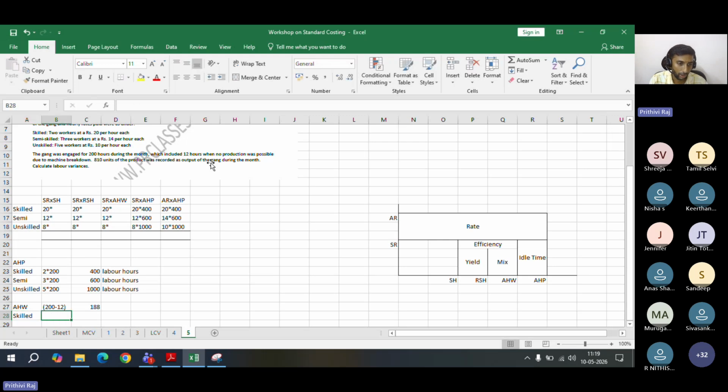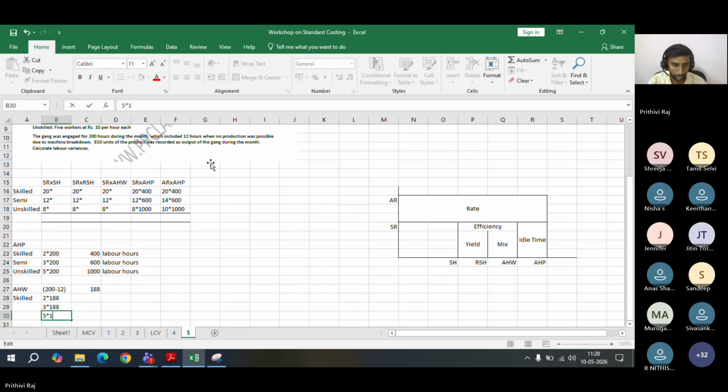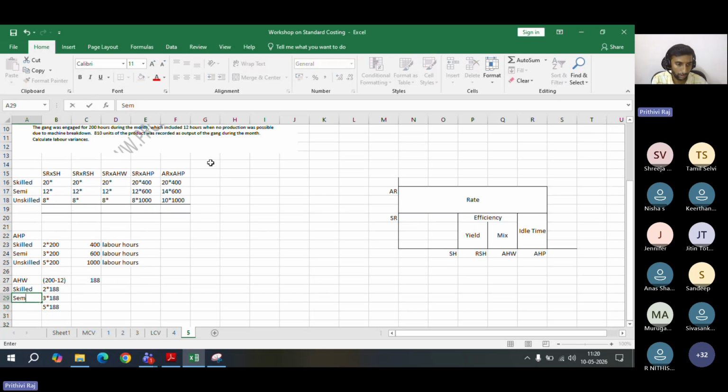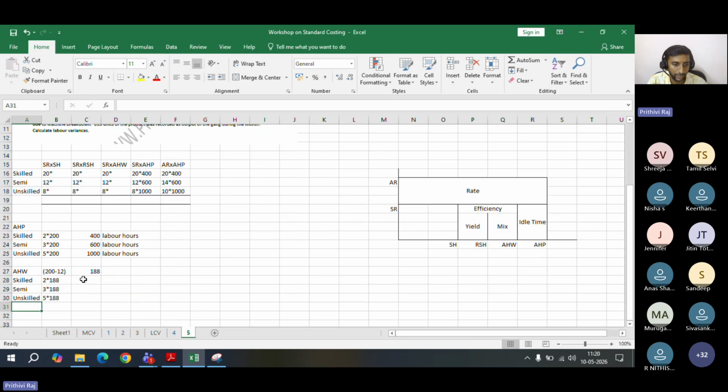So how many labors are there? 2, 3, 5. Instead of 200, now how many hours are the workers working? 200 minus 12, 188, for skilled, semi-skilled, unskilled. You understand, right? How did I get this 188? The total working hours is 200, minus 12 idle time. So the actual hours worked is 188.